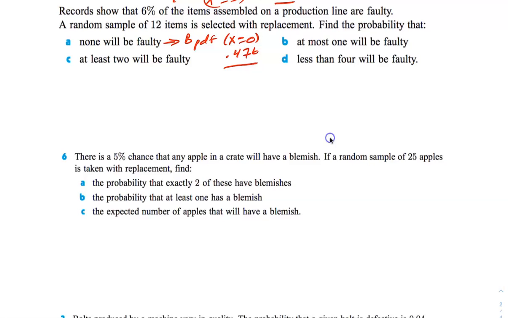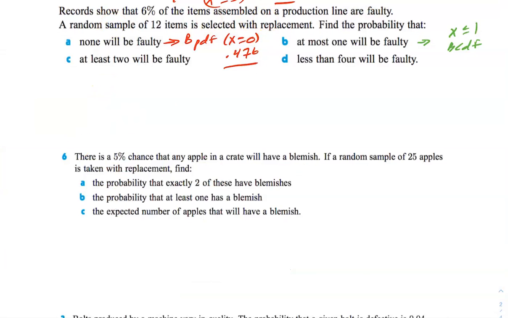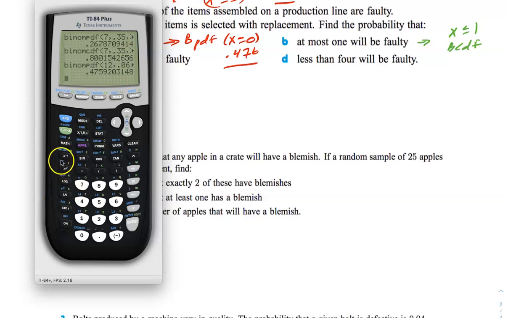Next one. At most one will be faulty. So again, at most one means X is less than or equal to 1. 1 is my high bound. And that's fine. That's going the right direction. I put in my calculator binomial CDF. Nothing needed to be changed there. That's perfect. Sorry, hit the wrong button. So second distribution, binomial CDF.